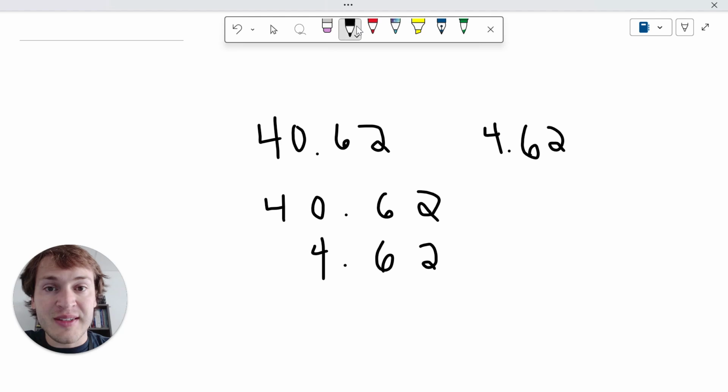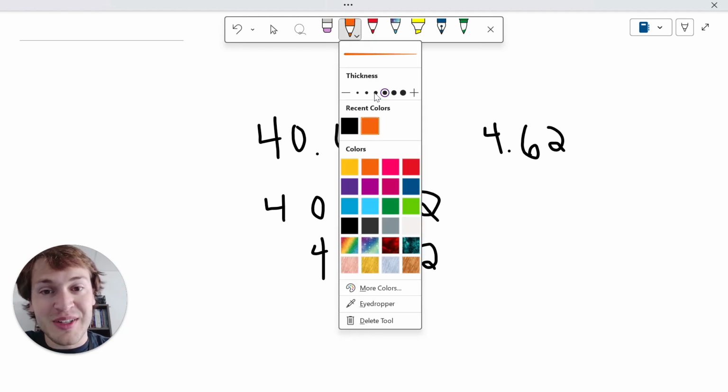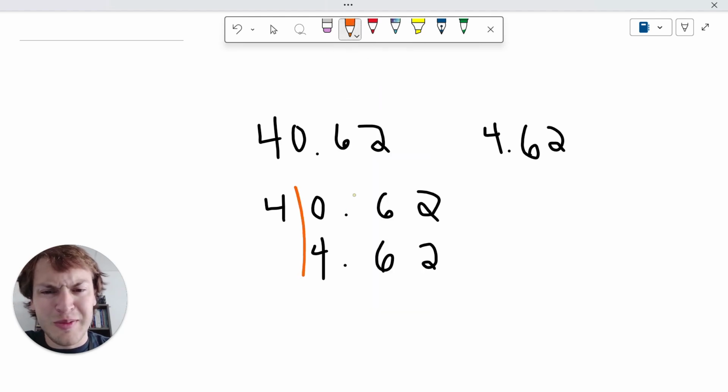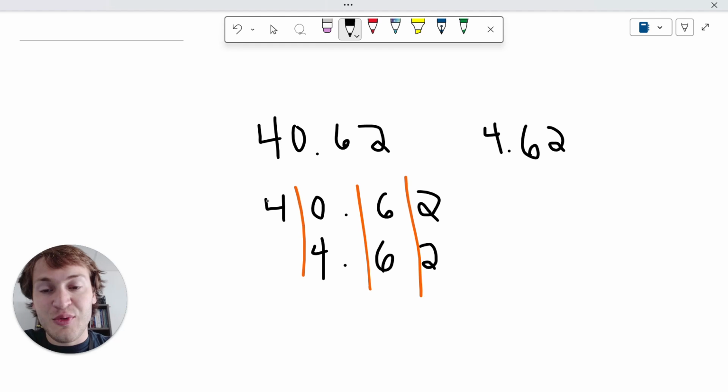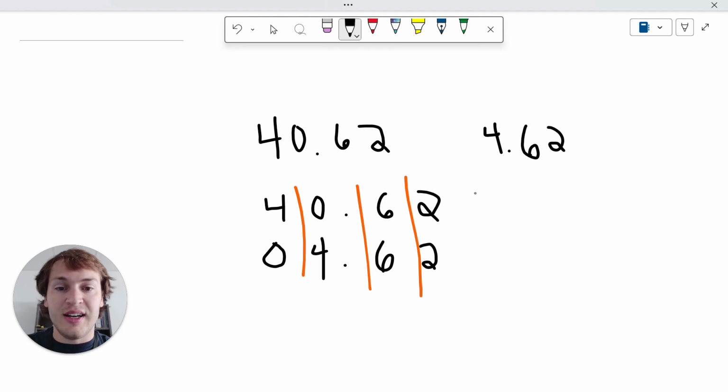Okay, so I've got these lined up, and I think already you can see what the answer is gonna be. Probably even before we started, you knew what the answer was gonna be. But we're gonna start comparing, right? We got 4 compared to nothing. We can add a 0 here, because adding a 0 in front of a number doesn't change it either.